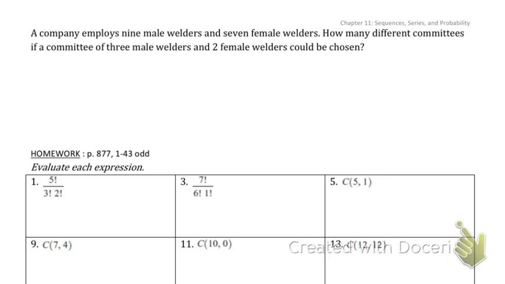So right there, if I'm just choosing random 3 male welders, and I'm going to choose 2 female welders, this must be a combination problem because order does not matter. So it's a combination problem. We have 2 combinations. We have pulling 3 male welders and 2 female welders.